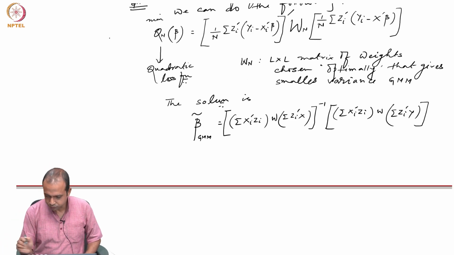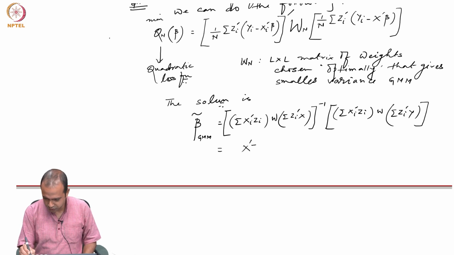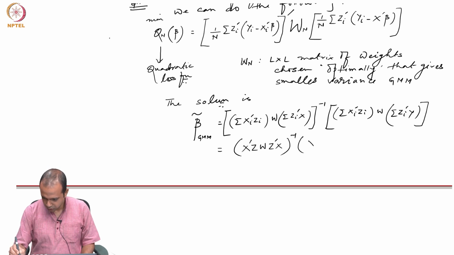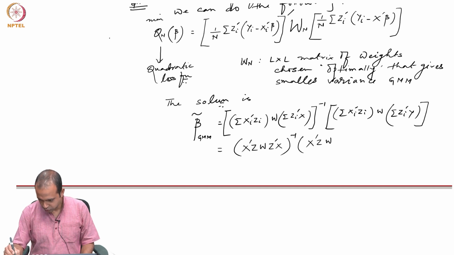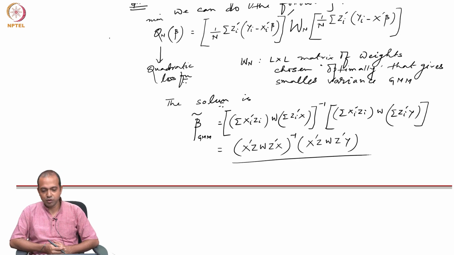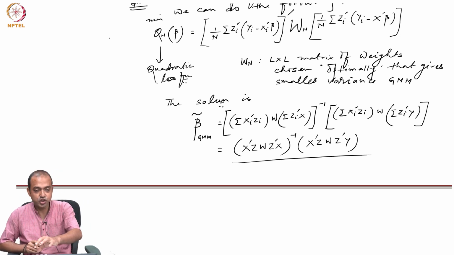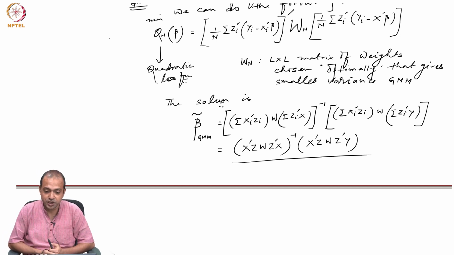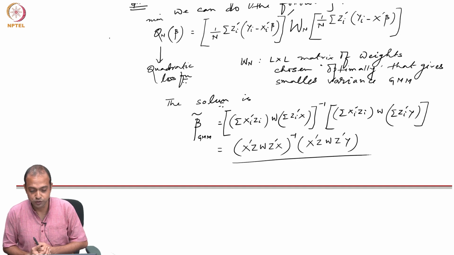That will lead to your beta hat GMM, beta tilde GMM, which is nothing but the inverse of X transpose Z into W Z transpose X, times X transpose Z W Z transpose Y. So this is the GMM estimate that we are talking about, and this is the GMM estimate that Arellano and Bond basically derived from this quadratic loss function.